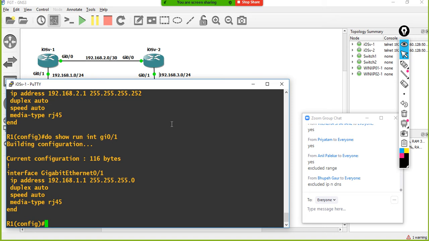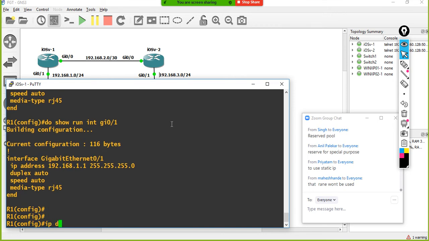Why do you need to do the exclude first? What is the purpose? No issues. Why are we going to type exclude range first? What's the reason? Oh, that is for reserved, right, guys? So to keep the reservation, we are going to do the exclude first.